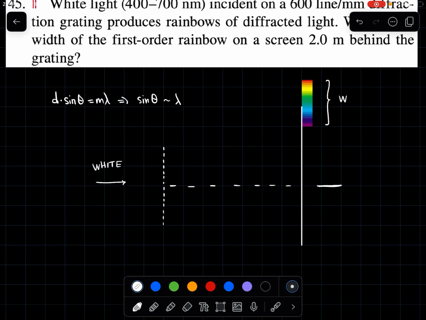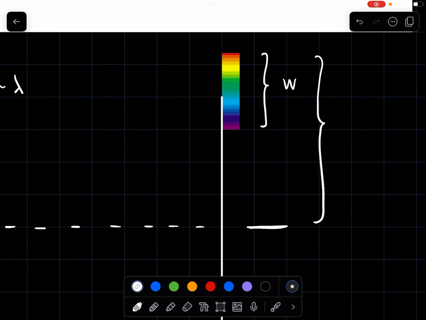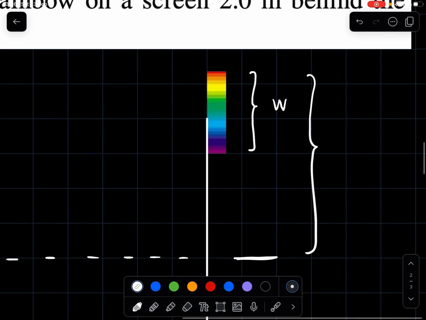To find that width we need to take our first maximum of red light, which is located at a distance, let's say y red, from the central maxima.